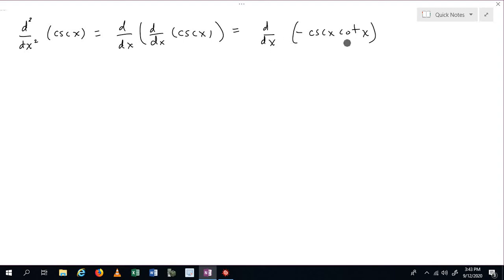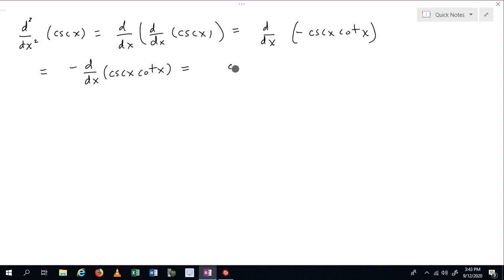Okay, and then we're going to take the derivative of this. Now, first of all, you can pull the minus sign out front of the derivative operator. Now, to find this derivative here, we're going to have to use the product rule because it's a product of two functions, where this is the first one and this is the second one. So let's just run through the product rule.